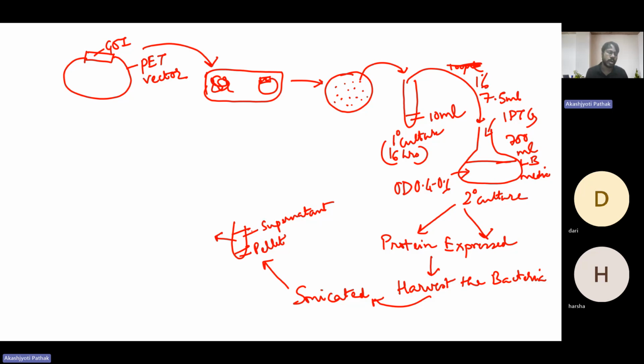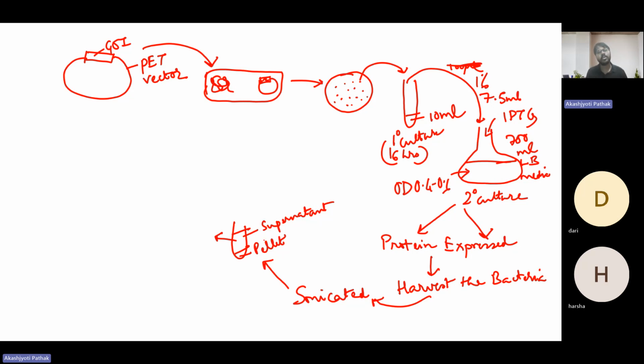You need to solubilize the inclusion bodies, and then you have to denature the protein, because whenever a protein is expressed in inclusion bodies, the protein is misfolded. It does not have its native structure.